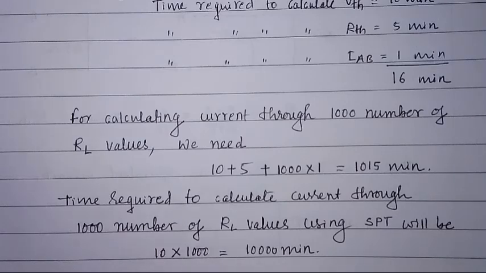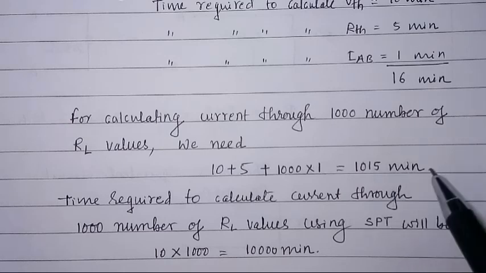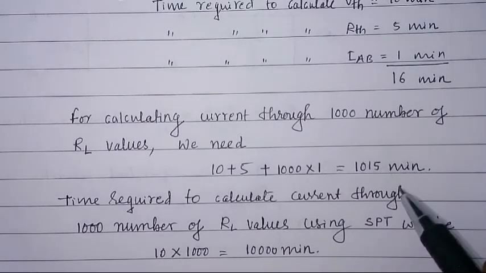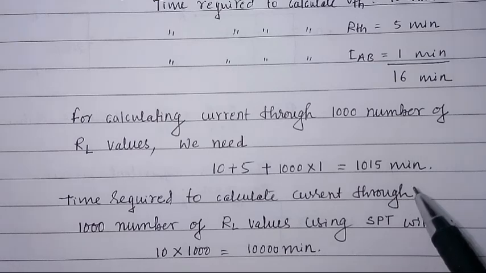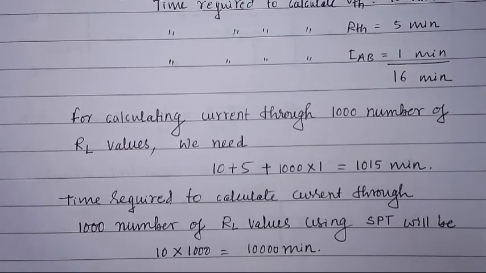So now you can see, using Thevenin's theorem we need approximately 1000 minutes of time, and using the superposition theorem we need approximately 10,000 minutes of time, which means that Thevenin's theorem is a very fast method of computing current through a large number of resistors connected to the same terminals.